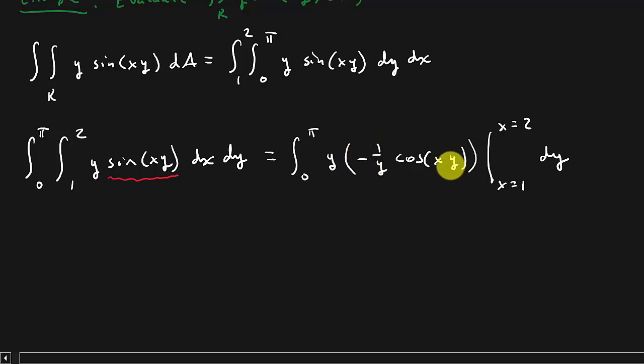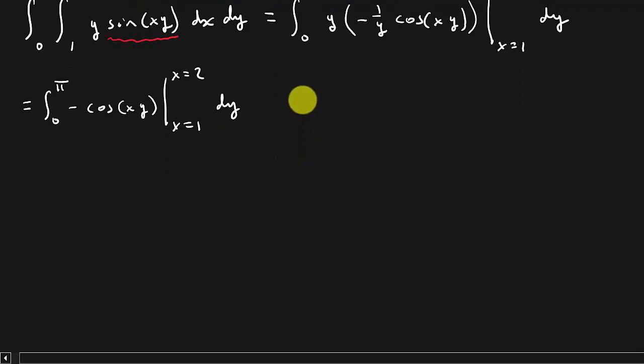It's like that 2 in front of the x. And so now we get 0 to pi of negative cosine xy from x equal 1 to x equal 2 dy. I just multiplied that out and put it as negative 1. That's all I did there.